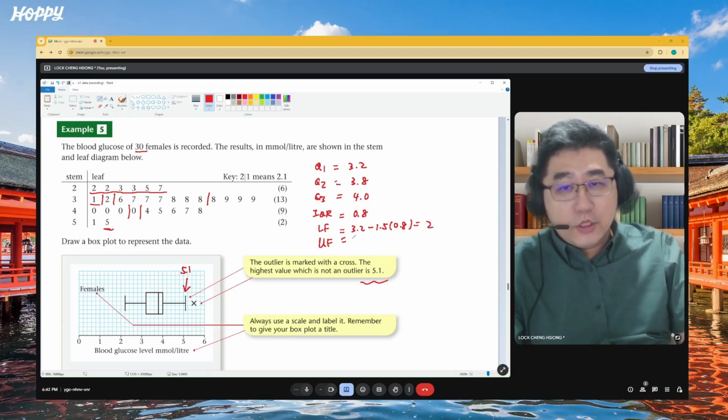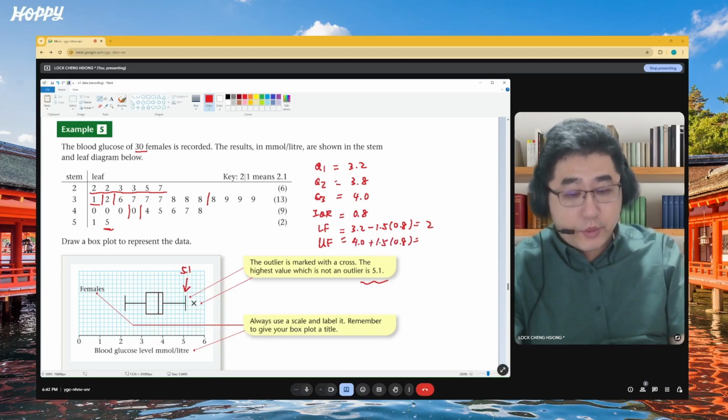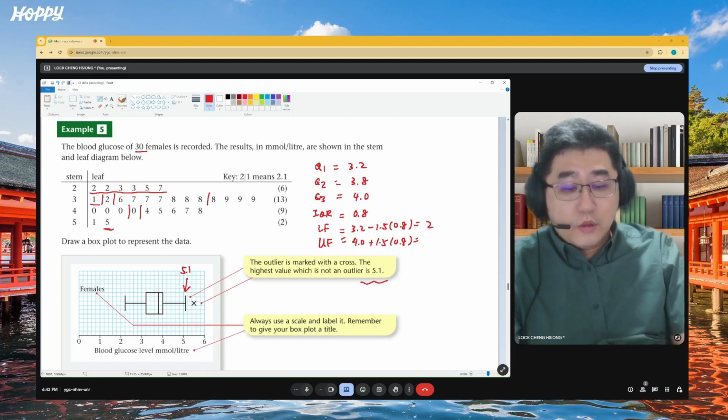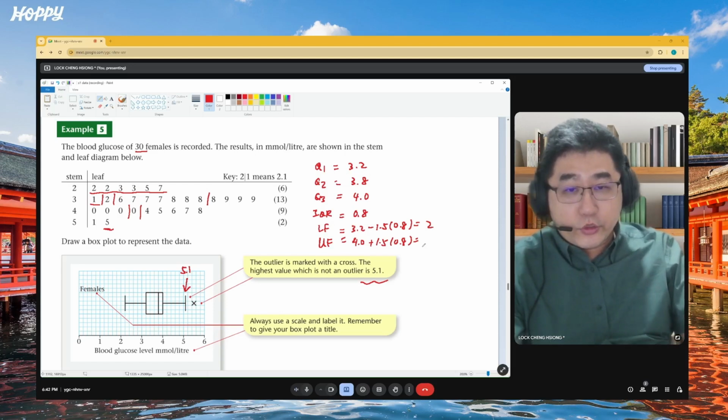And the upper fence here, I have 4.0 plus 1.5 times 0.8. Let's calculate the number. Okay, I have 5.2. You will see the upper fence is 5.2.